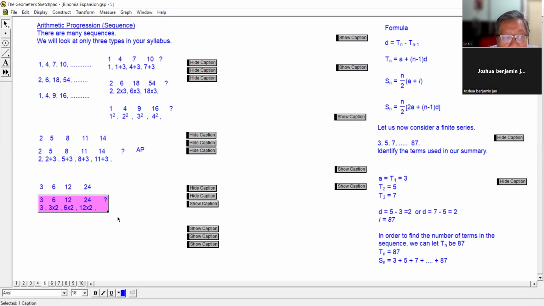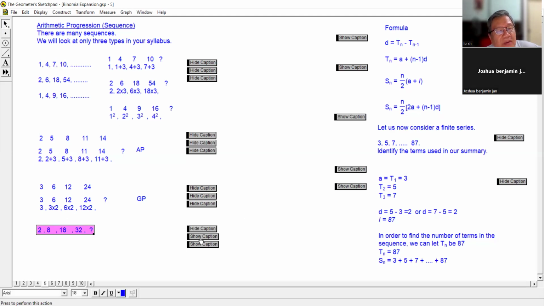How to get the number 2? 6 divided by 3. You take the number behind, 6 divided by 3. That's how you get the 2. And this type of sequence is called geometric progression. The type that you multiply is called geometric progression, right? One is arithmetic, one is geometric.